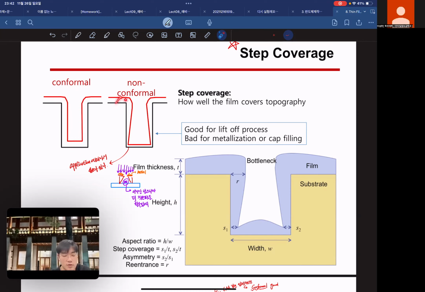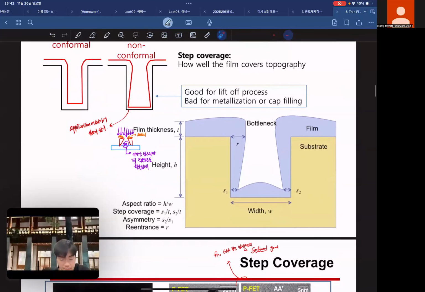But non-conformal film is not the same everywhere because it is deposited in a short time and not step by step. But it is tricky to say which way is good and which is bad, because it depends on the application.